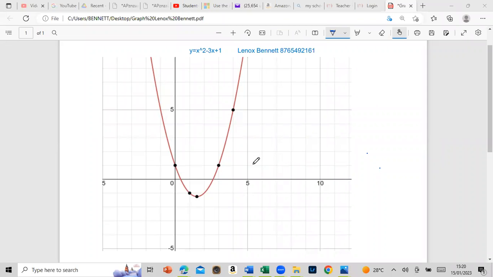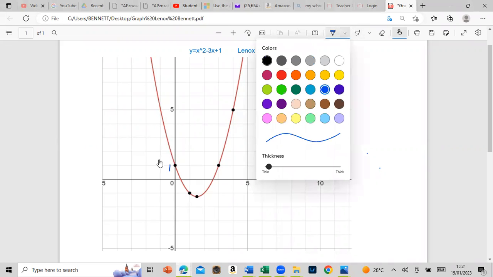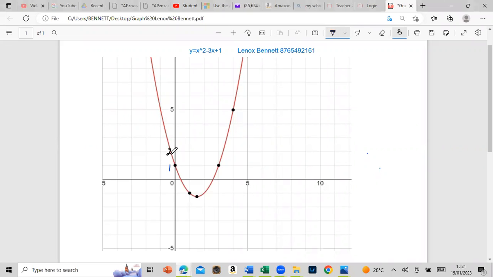Alright guys, your graph should look something like this, for the graph y equals x squared minus 3x plus 1. Use black. I hope you use black. I didn't put in the numbers, not sure why. This is negative 1.